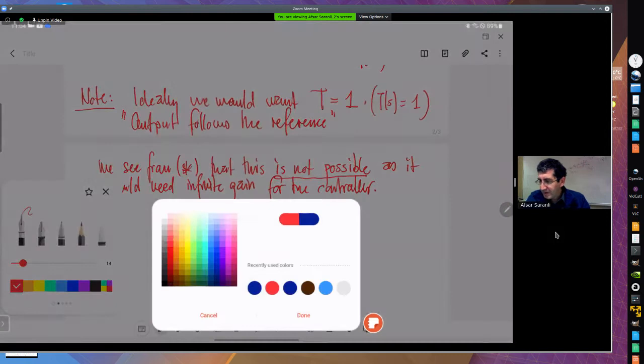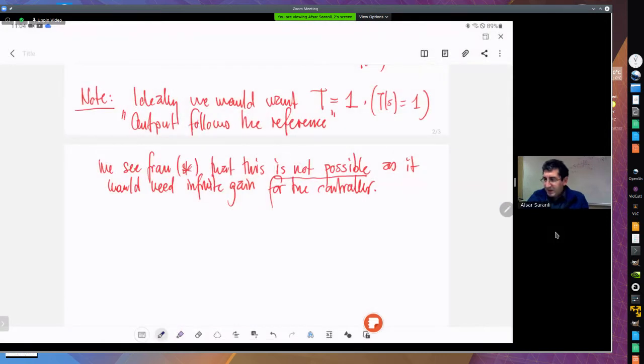Now let's see whether T can actually be a constant. Okay, not 1, but can it be a constant? So let's say another note, can T of S be a constant?